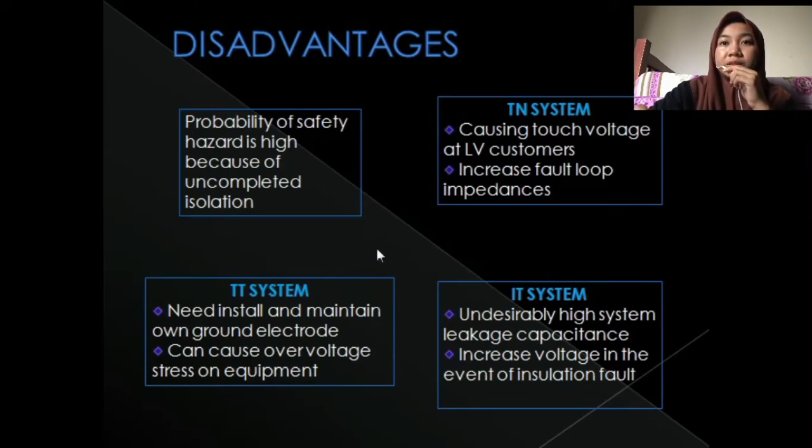And for the TN system, a fault in the electrical network at a higher voltage level may migrate into the low voltage grid grounding, and it can cause touch voltage at low voltage customers. And next, it increases fault loop impedance if the protection is not fitted in case of network modification.